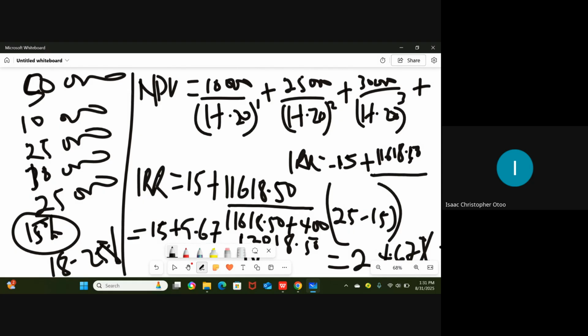But did you have somebody who used 22? Yes, I used 22, but the answer I got was still positive. So I have to choose another one. Normally, look at the figure. If you get the answer, because this one is in tens, there is 11,000. So when you see that we are in tens, then you have to increase the rate by 10%.